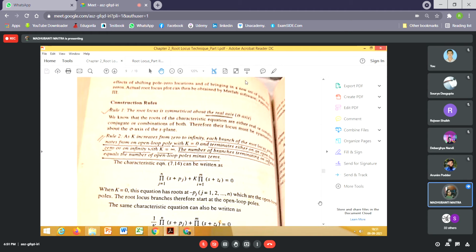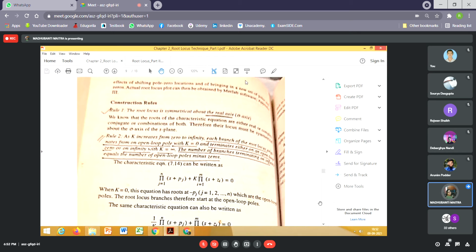And as k tends to infinity, out of those n number of root branches, m number of root branches will terminate on m number of open loop zeros.